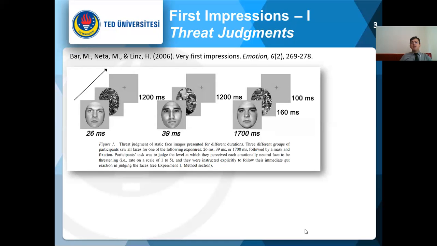So how was this experiment conducted? On the screen now, you see three different groups of stimuli. Now I'll explain the basics of this kind of experimentation. In impression-related experiments, we expose participants to faces only, as you observe here.